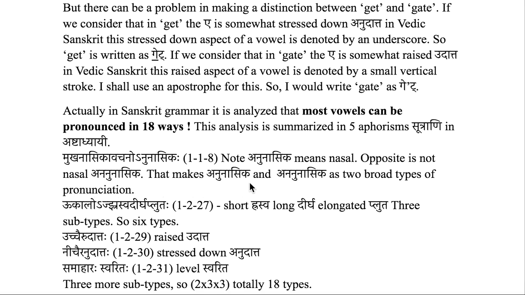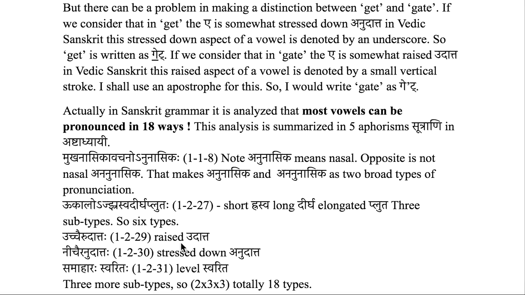That makes anunasika and ananunasika two broad types of pronunciation. Ukalo jhasvadirgha plutaha 1-2-27. Short rasva, long dirgha, elongated pluta. 3 subtypes to be combined with anunasika and ananunasika. So 6 types.